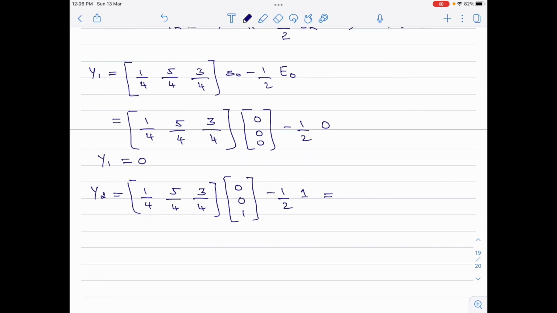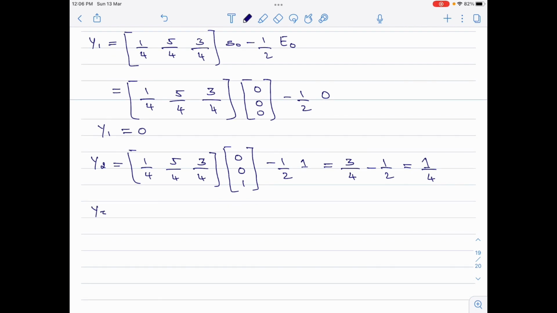This simplifies to 3 divided by 4 minus 1 divided by 2 equals 1 by 4. Similarly, Y3 can be computed as x transpose, which is 1 by 4, 5 by 4, 3 by 4 multiplied by the vector S3, which is 0, 1, 0, minus 1 by 2 into energy of the third signal, which is equal to 1 again.